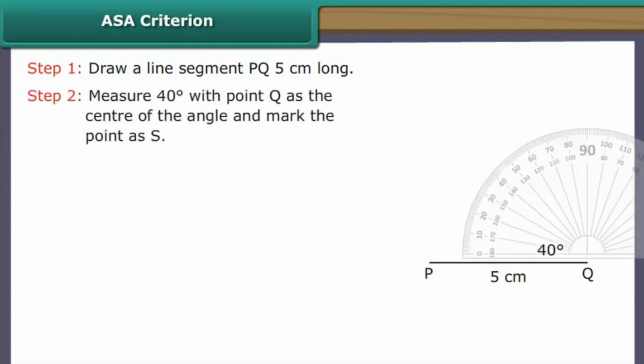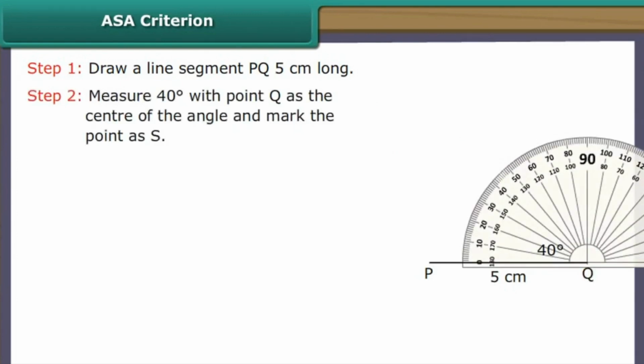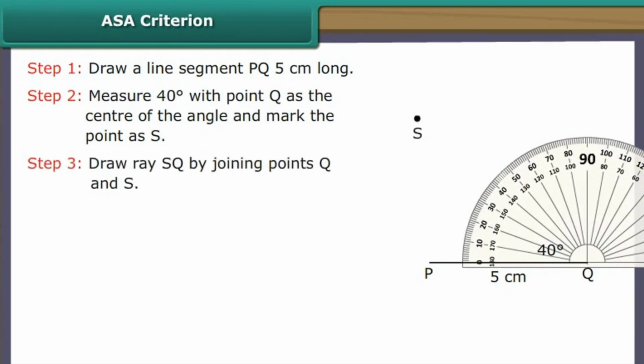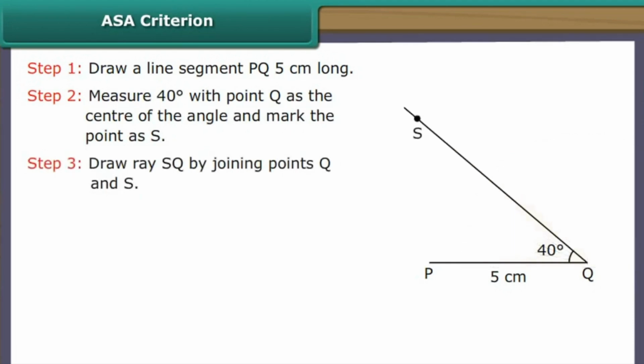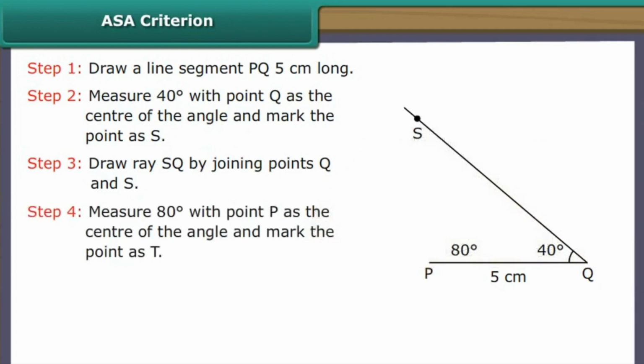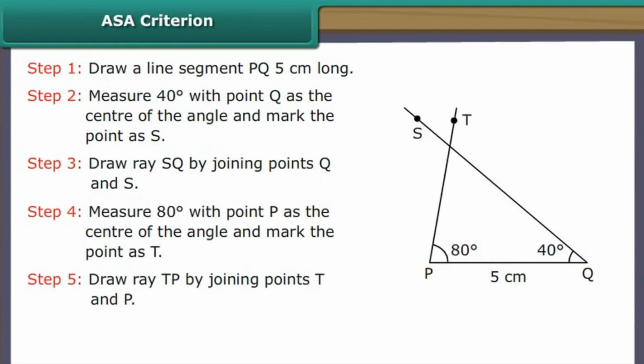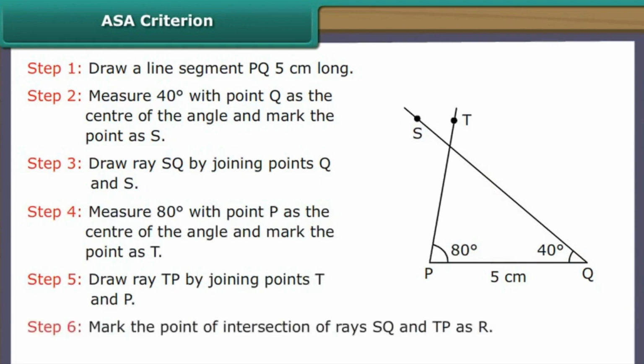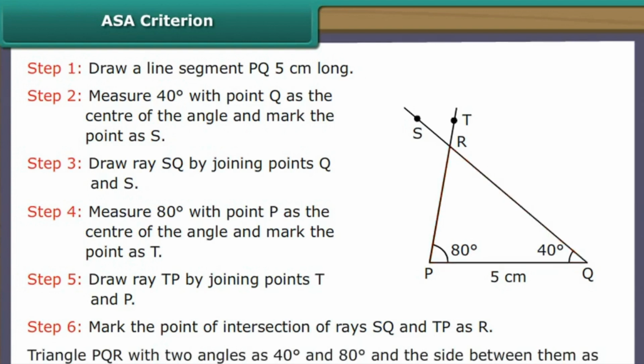Measure 40 degrees with point Q as the center of the angle and mark the point as S. Draw ray SQ by joining points Q and S. Measure 80 degrees with point P as the center of the angle and mark the point as T. Draw ray TP by joining points T and P. Mark the point of intersection of rays SQ and TP as R. Triangle PQR with two angles as 40 degrees and 80 degrees and the side between them as 5 cm is constructed.